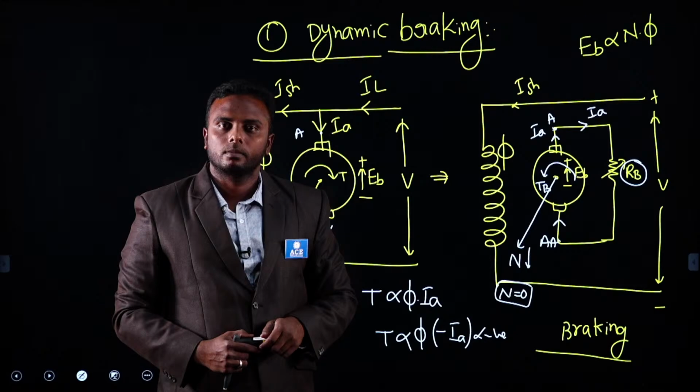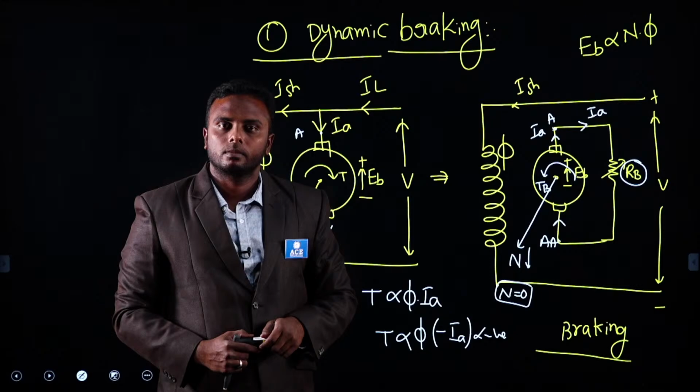Motor means it will rotate in some direction. Consider it is rotating clockwise because torque is in the clockwise direction at some speed N. This is the figure under normal running operation of the motor.